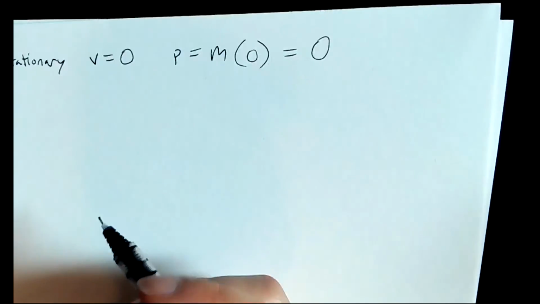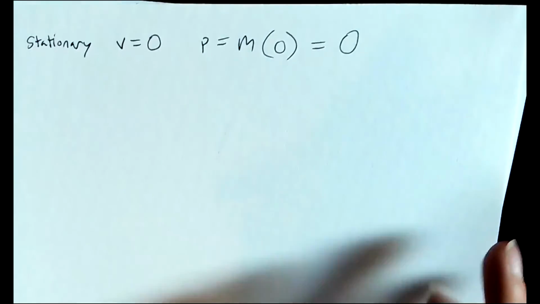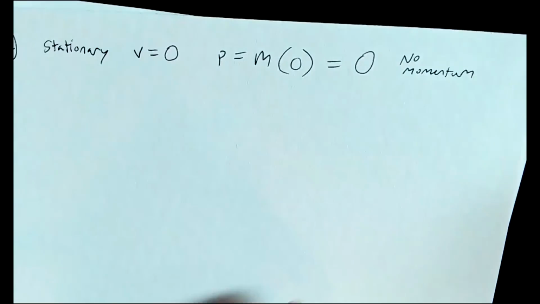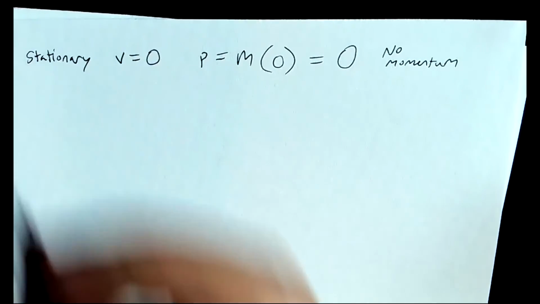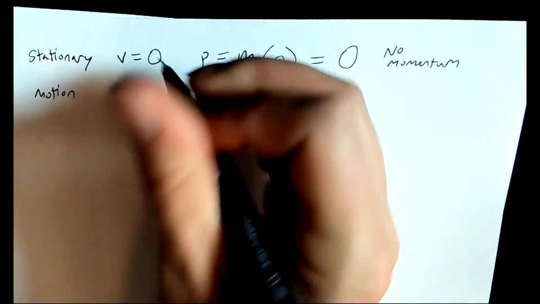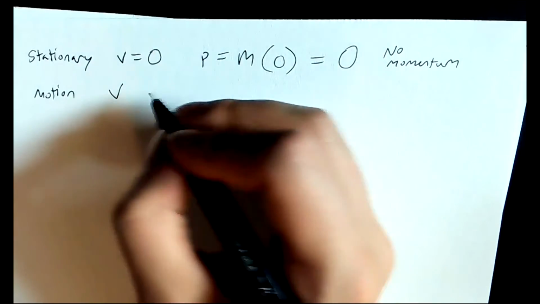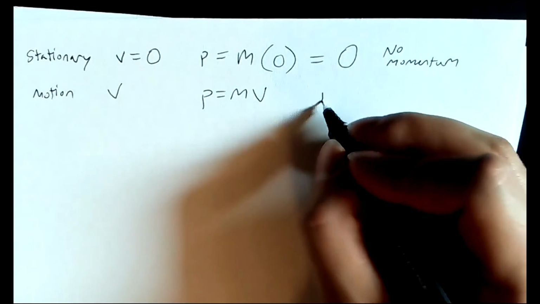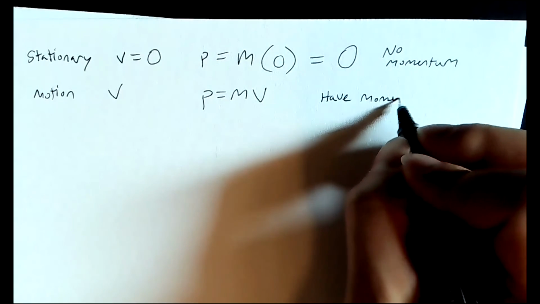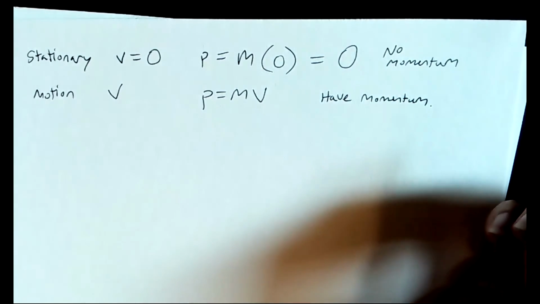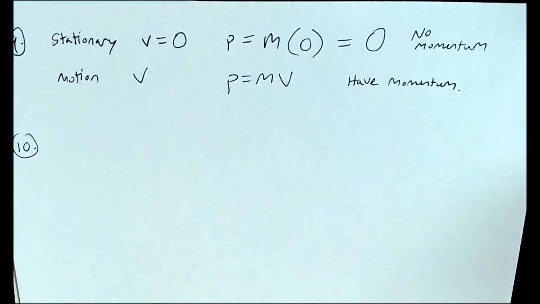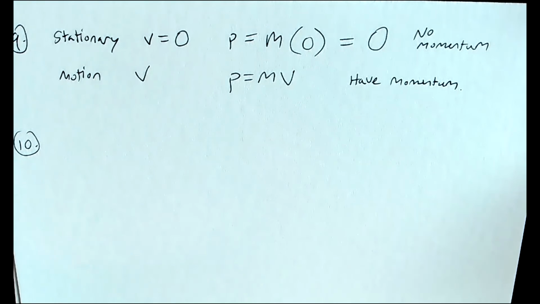That equals 0. So it would have no momentum if velocity equals 0. But if a car is in motion, it will have some velocity. So it will have momentum. Easy enough. So if something's not moving, it does not have momentum.